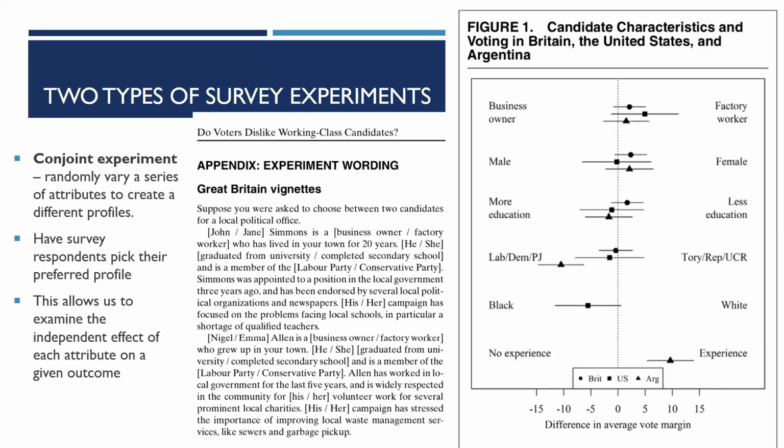This was only manipulated in the Argentina experiments, but it's probably no surprise voters prefer candidates who have more political experience to none. And then we see some partisan differences emerging in the Argentina experiment. But by and large, this suggests that voters don't dislike working class candidates. They're just as likely to vote for them.